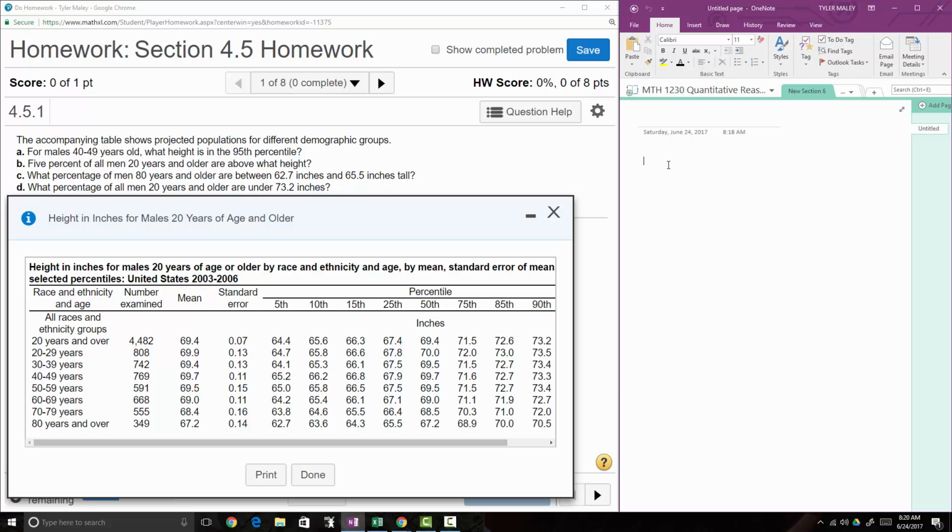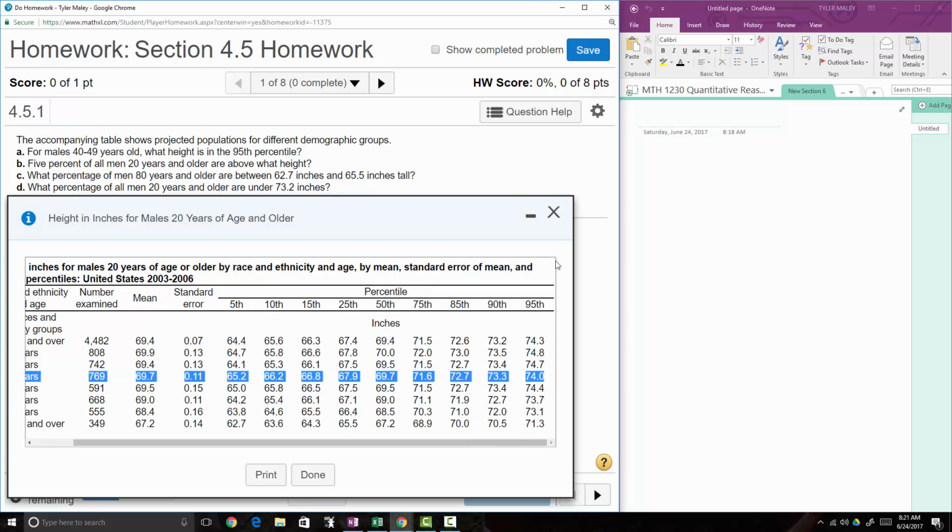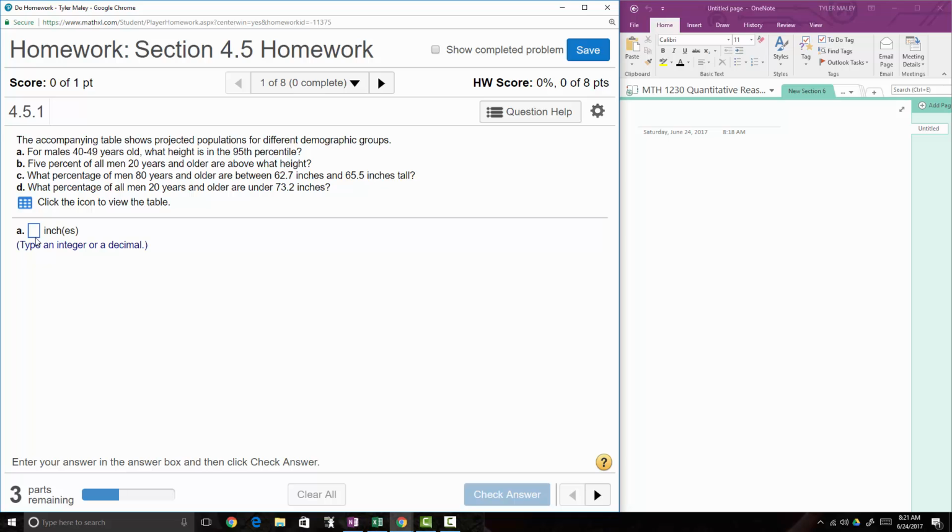We're looking at 40 to 49, so you have to find that row, and we want the height of the 95th percentile. We can just follow that over, and see where that matches up for the 95th percentile. That's 74.0.